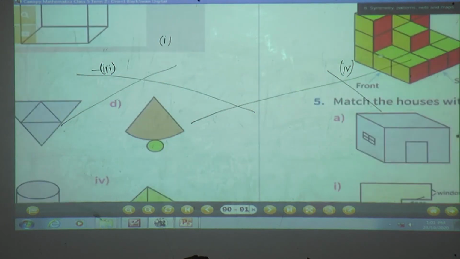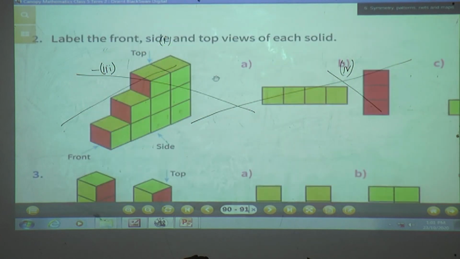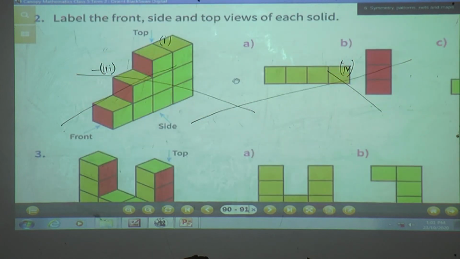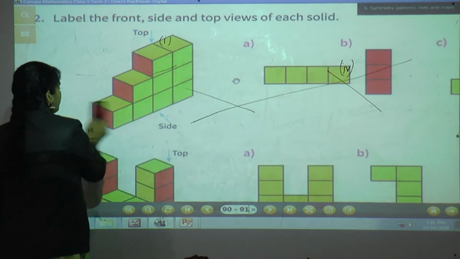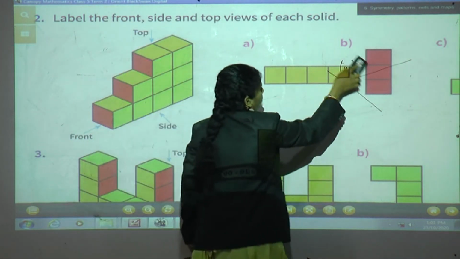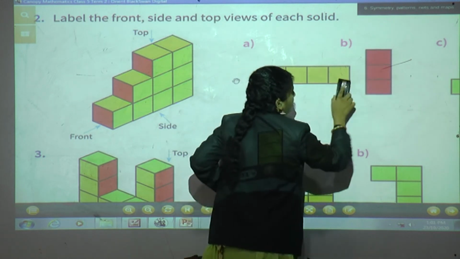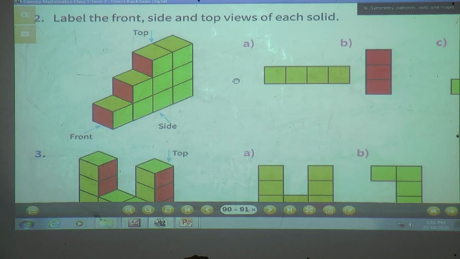Second question. Here, label the front, side and top views of each solid. Okay, so you know what is meant by top, what is meant by front, even the side also. So here they have solved the first one.